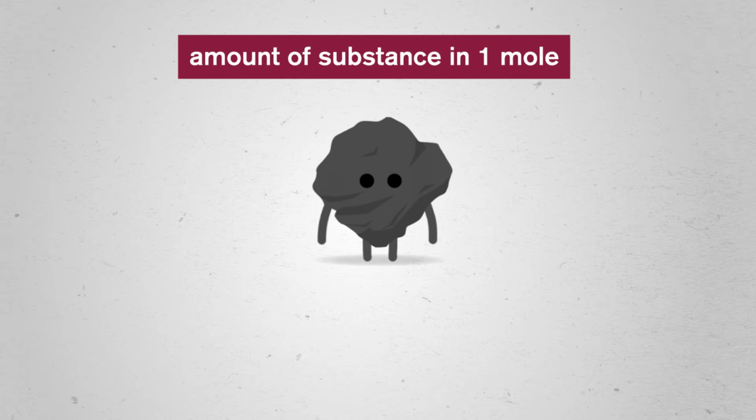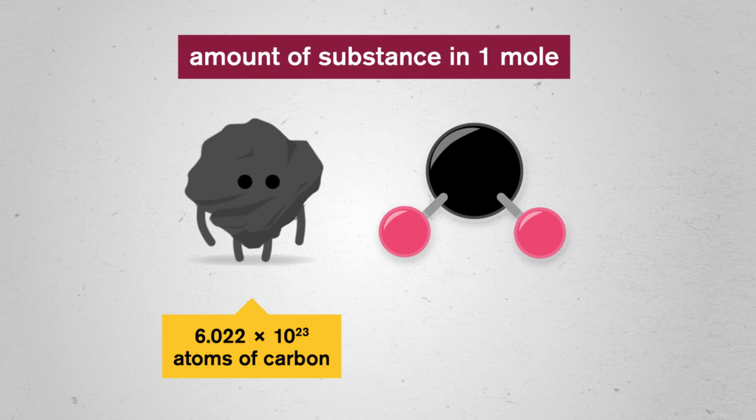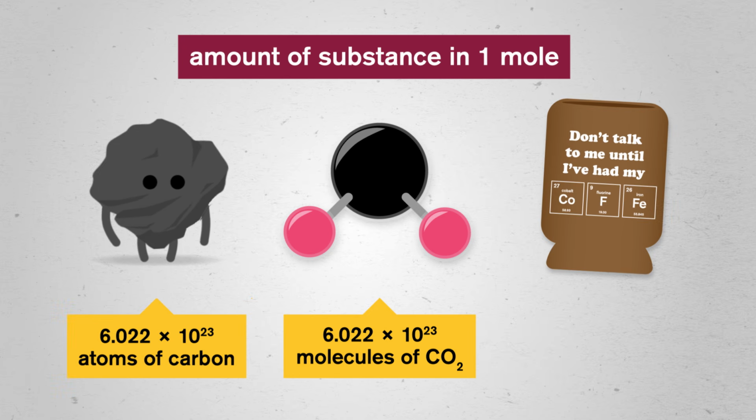So 1 mole of elemental carbon would be 6.022 times 10 to the 23rd atoms of carbon. 1 mole of carbon dioxide would be 6.022 times 10 to the 23rd molecules of carbon dioxide. Even 1 mole of koozies would be, you guessed it, 6.022 times 10 to the 23rd koozies. That's a lot of koozies.